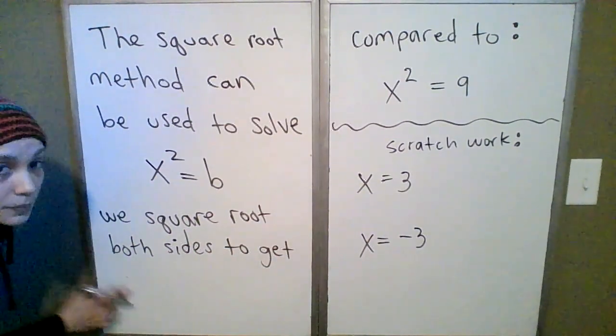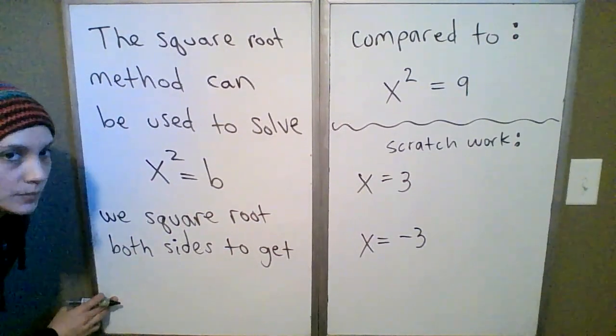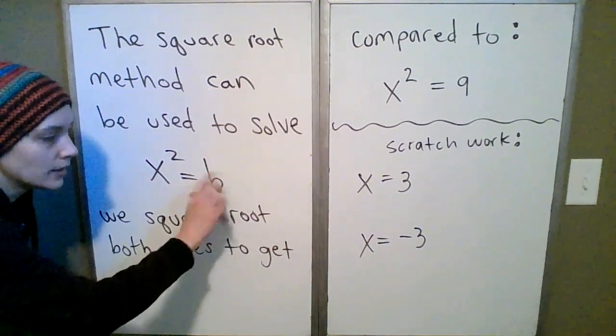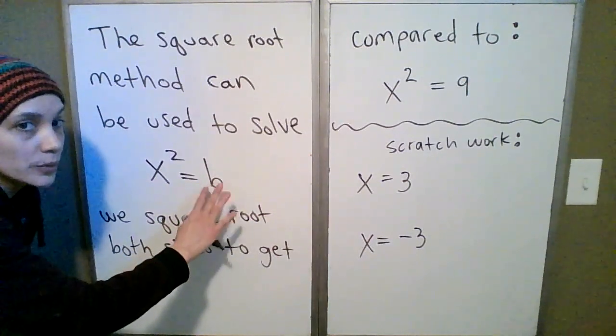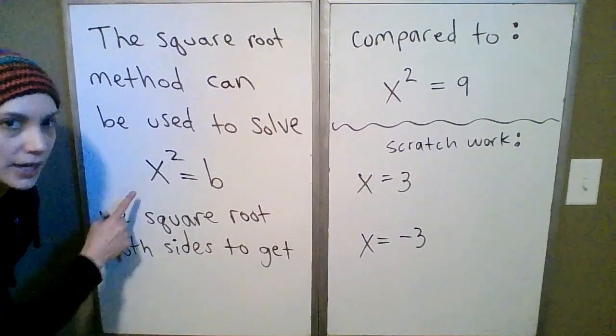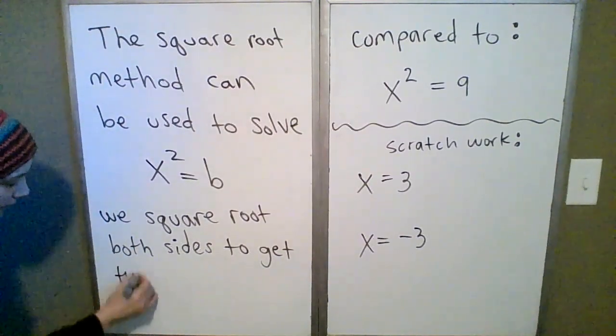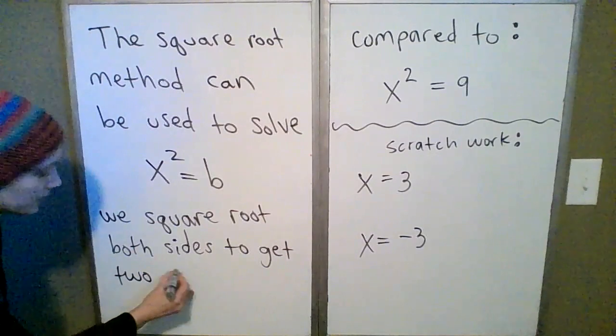Or you know what? We're going to just say it depends on the problem. So you may get two answers. So this will be positive or negative square root of b, and then you continue to solve for x. You'll have two answers in the end. Two solutions.